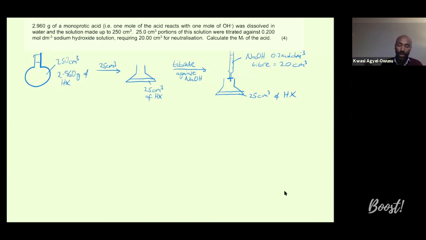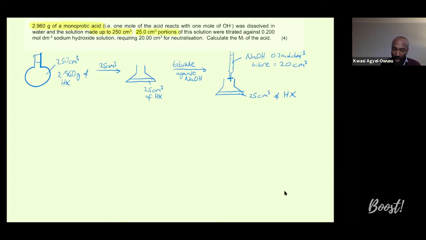Let's put into motion the tips I've just given you about highlighting information. We've got our highlighter, and we know that we've got 2.96 grams of the monoprotic acid dissolved in water, and the solution made up to 250 centimeters cubed. And then we take 25 centimeters cubed portions of this solution.